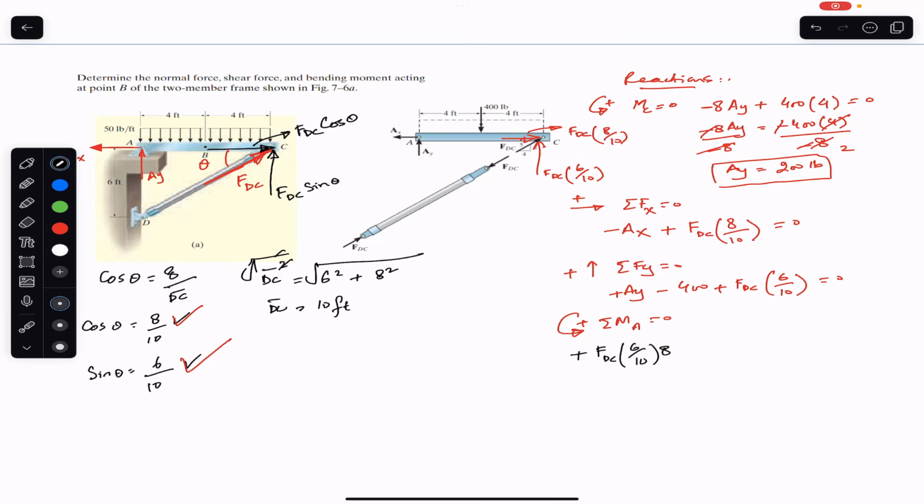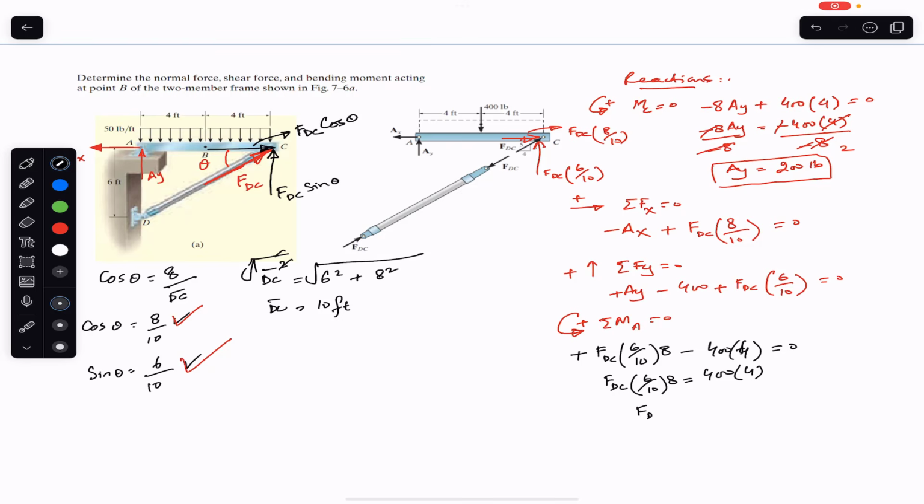And similarly, this 400 pound force is producing the clockwise moment about point A, so we will write minus 400, and the perpendicular distance of this 400 pound force from that point A is 4 feet, so we will multiply this with 4, and this is equal to 0. And from this we can write that FDC 6 divided by 10 into 8 is equal to 400 into 4.